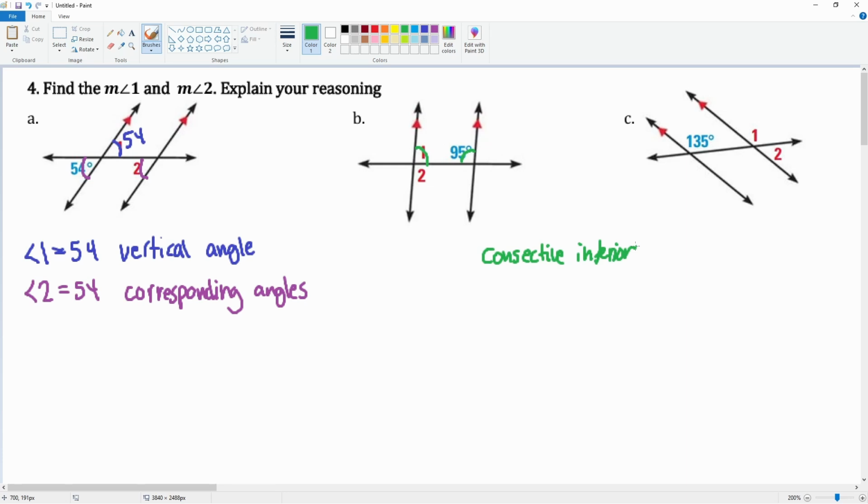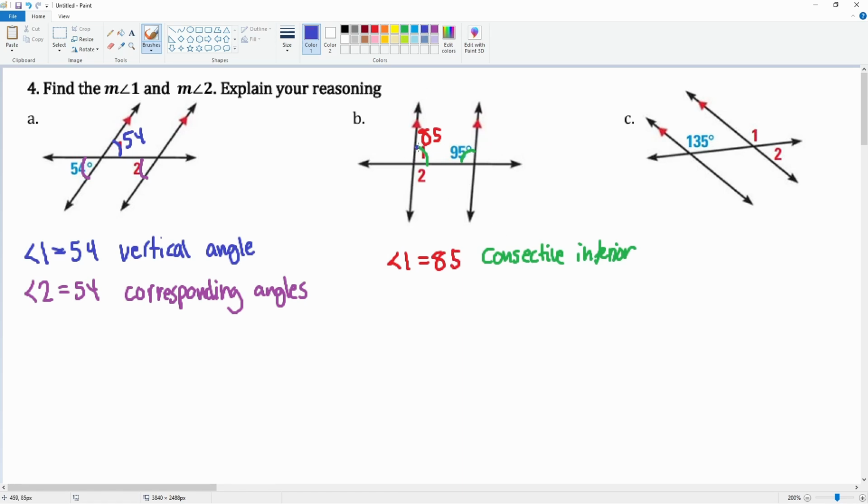So we can now just plug that into a calculator. All right. 180 minus 95, that gets us 85. So angle 1 equals 85 by consecutive interior.